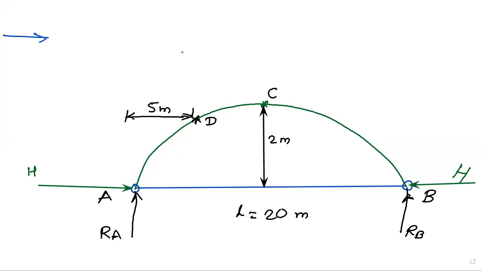Now we have to consider suppose 1 kilonewton load at a distance x, this is your 1 kilonewton load. Consider 1 kilonewton load at a distance x.